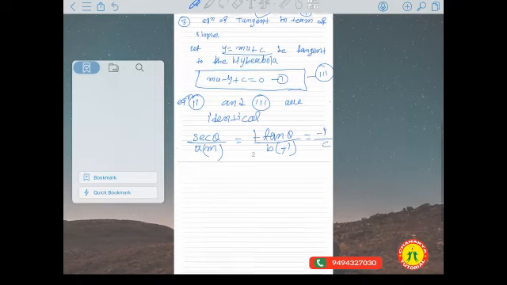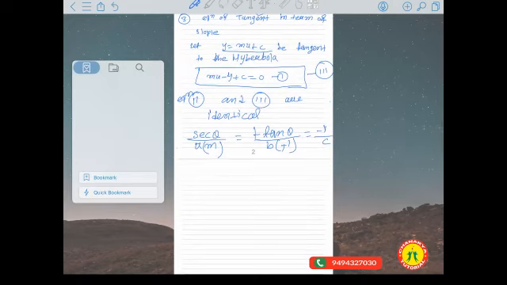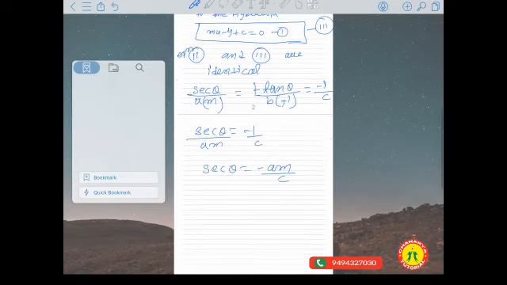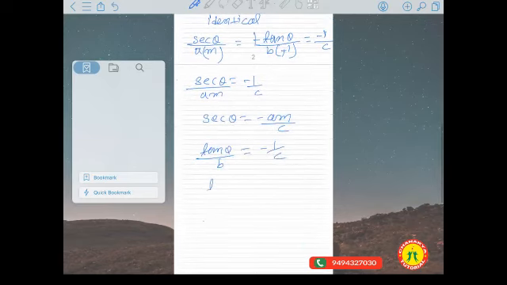Got it? So now we need to find sec theta and tan theta. So sec theta upon a m is equal to minus 1 by c. So we get sec theta is equal to minus am by c. And similarly tan theta by b is equal to minus 1 by c. So we get tan theta is equal to minus b by c.